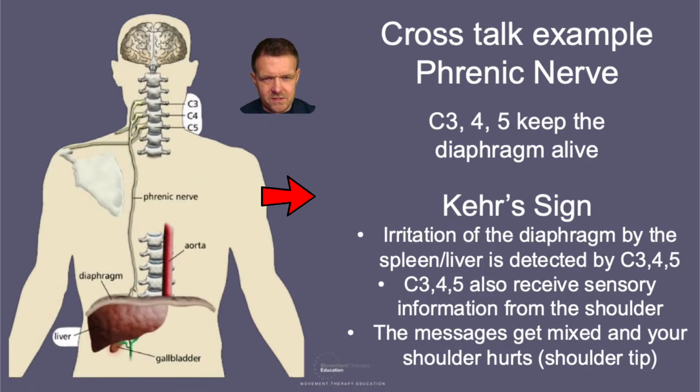This is coming from the viscera, and this is why whenever you see something online in a group where somebody is saying, oh, I've got a patient with shoulder pain, what could it be? Oh my God, it could be loads of different things.